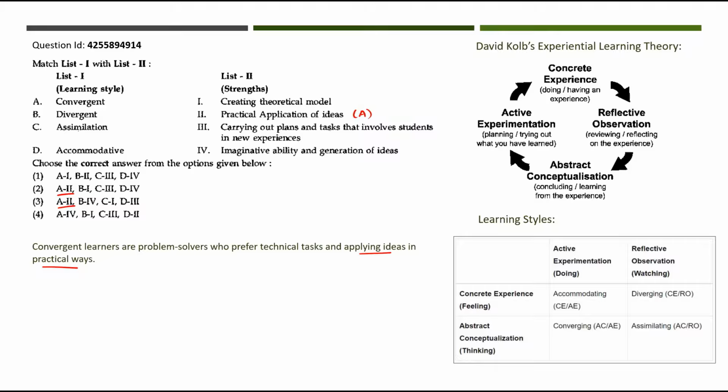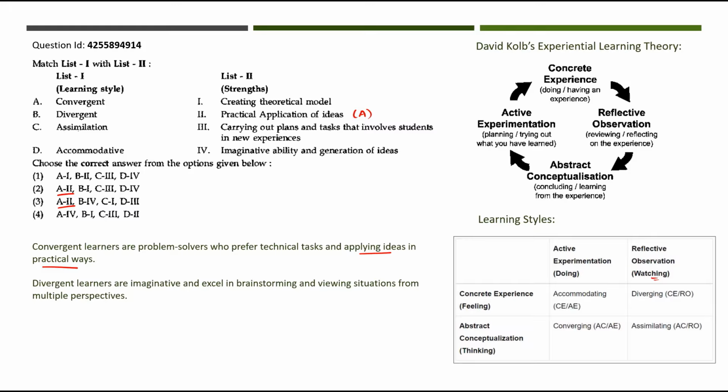Now we will get to divergent. Divergent learners are imaginative and excel in brainstorming and viewing situations from multiple perspectives, because diverging is an aspect of watching. So they will be able to view a situation from multiple perspectives as well as they are imaginative.